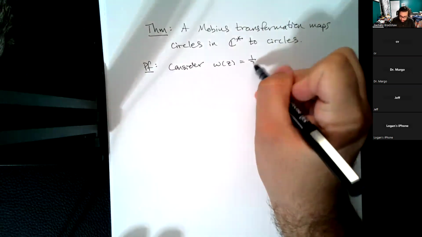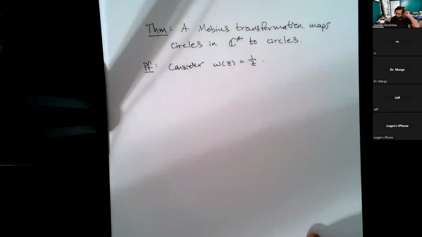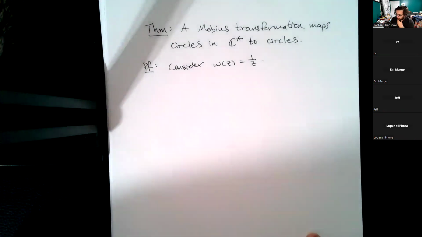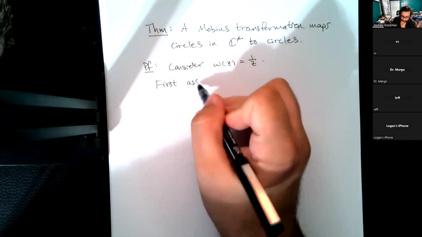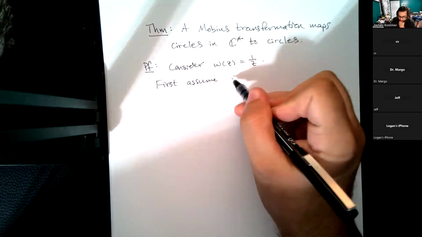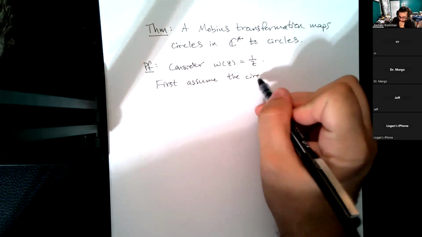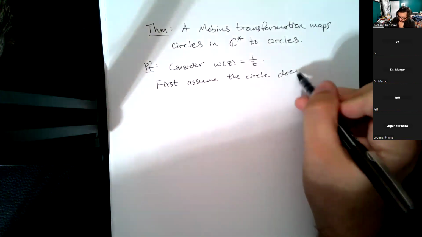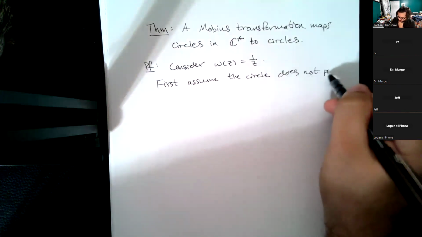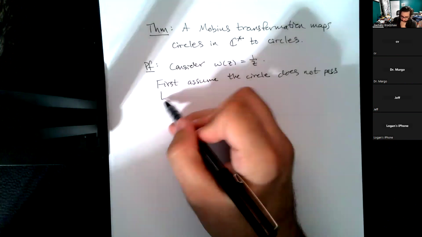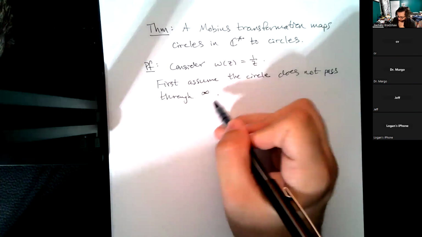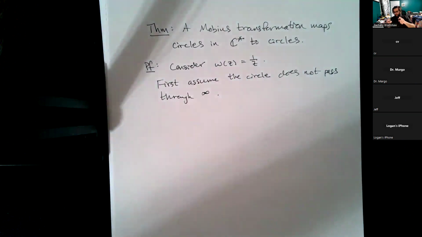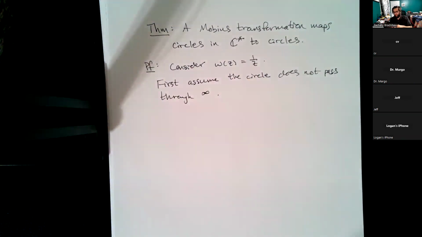Okay. So we consider w(z) equals 1 over z. All right, so first, assume the circle does not pass through infinity. Okay, so it's a circle in the usual sense in the complex plane.